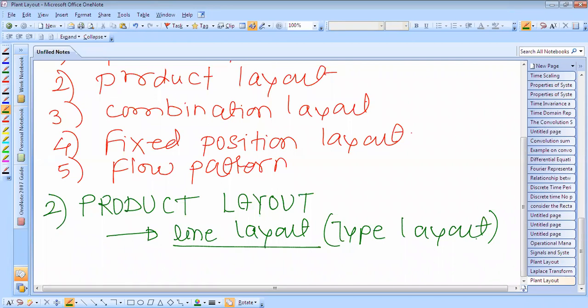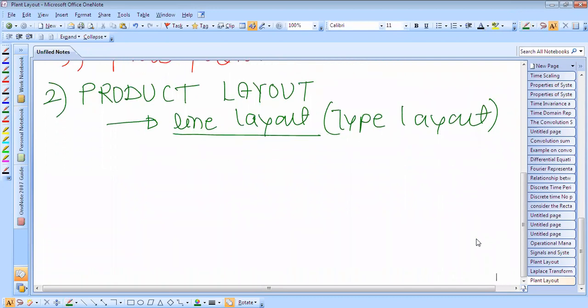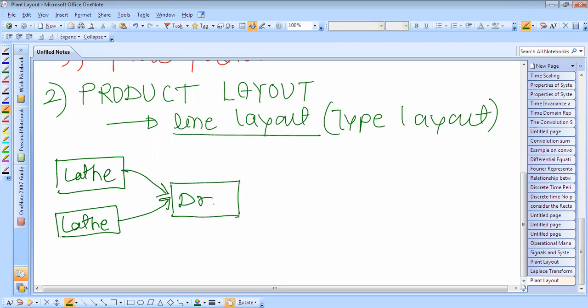So for example, a simple product layout diagram will be like this. Suppose this is a lathe machine, one lathe machine. This is another lathe machine. Then after operation of the raw material over these machines, this semi-finished product is sent to the drill section for drilling purpose.